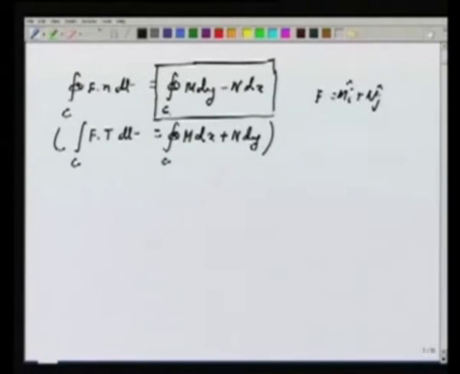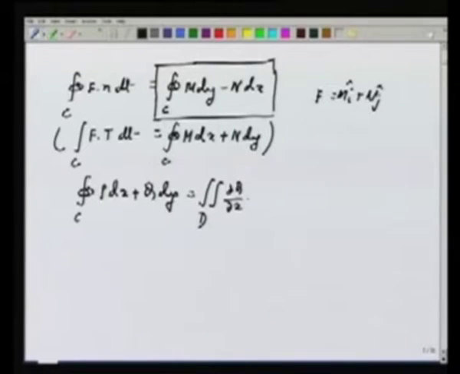So given all the nice properties of the functions M, N and C, I can think about applying Green's theorem in this setup. Okay. In the usual statement of Green's theorem, what I have is that the integral over C of P dx plus Q dy is the double integral over D of del Q del x minus del P del y dx dy.